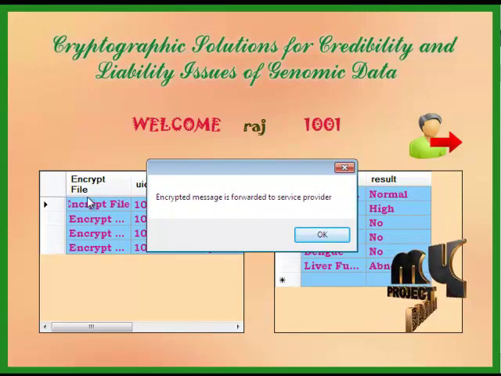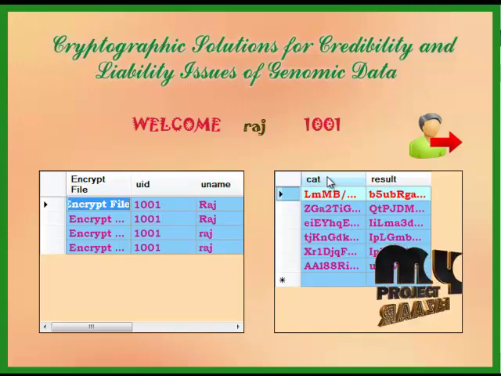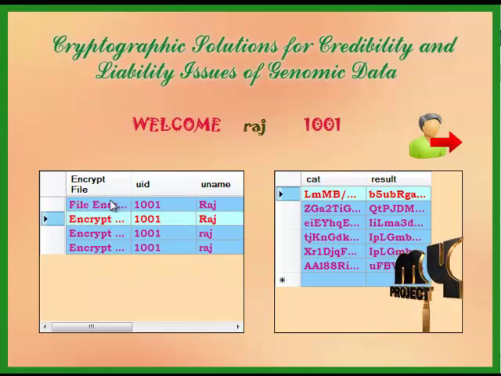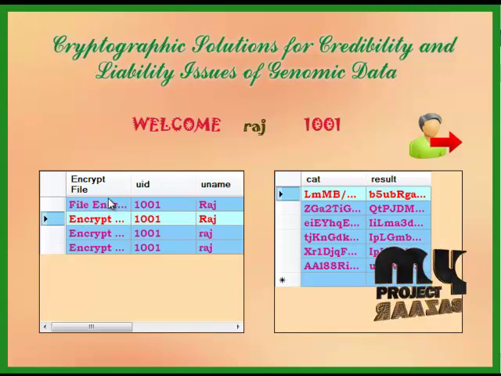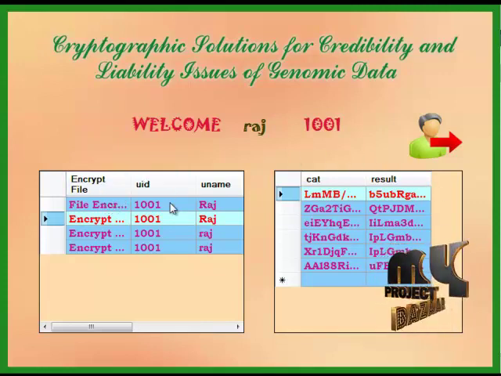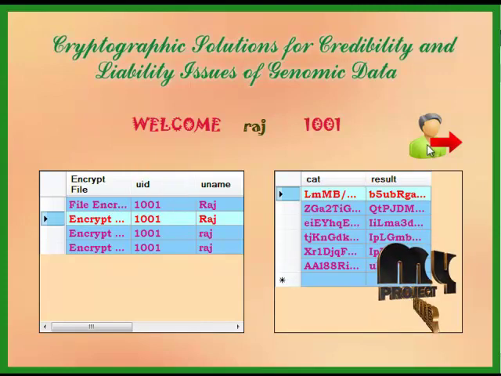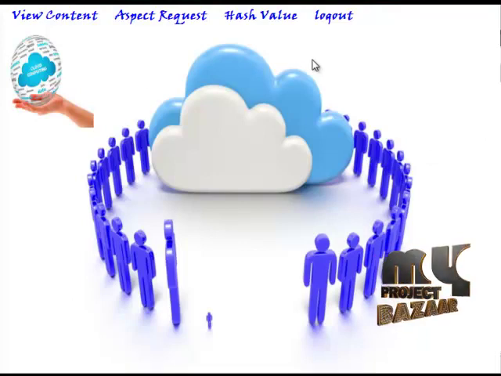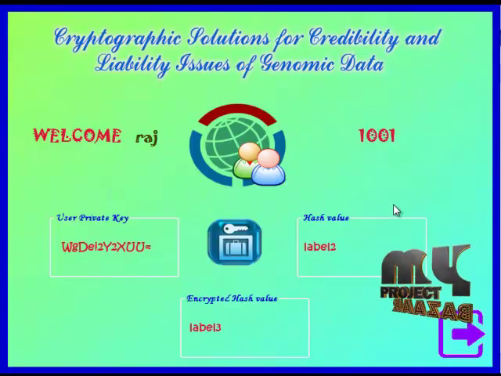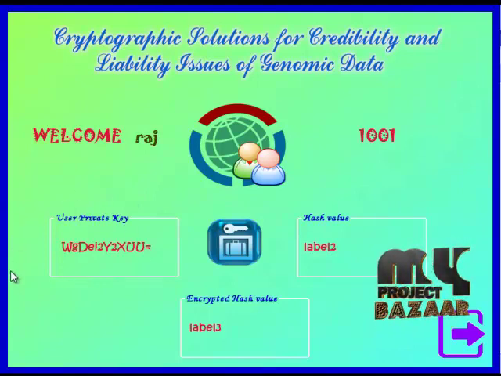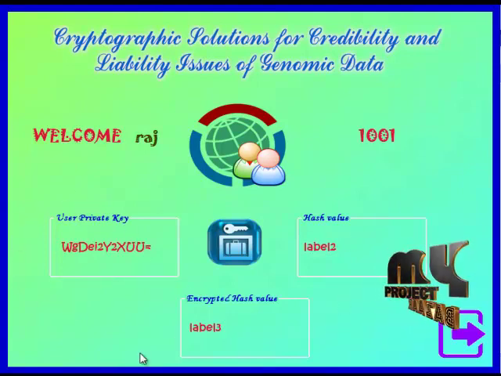Now when I click this, the encryption process is performed, and after this encryption process the message is changed into file encrypted, and this encrypted message is transferred to the service provider. Using this user private key, we are generating a hash value.